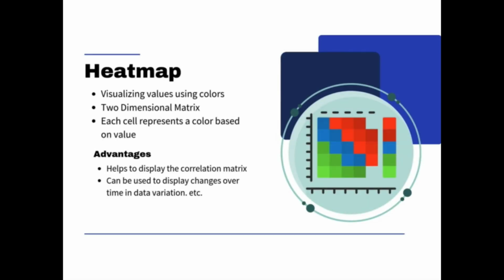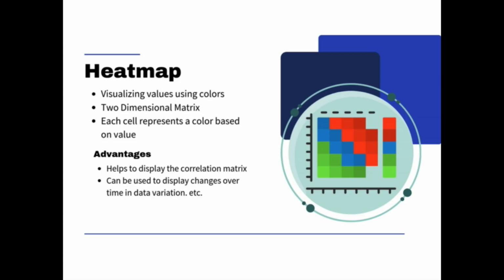The third graph is our heat map. A heat map is also a graphical representation of data visualization, which shows different values using color. So it visualizes the values using colors, and it's a two-dimensional matrix view, where the data is organized in a matrix or grid format, and each cell in the matrix is assigned a color based on its value.